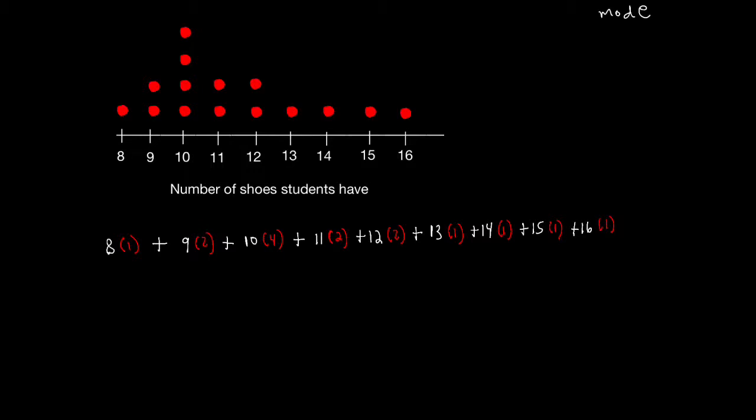So these red dots are all of our values, so let's go ahead and count them. We have 1, 2, 3, 4, 5, 6, 7, 8, 9, 10, 11, 12, 13, 14, 15. We have a total of 15, so we're going to divide all of this by 15.